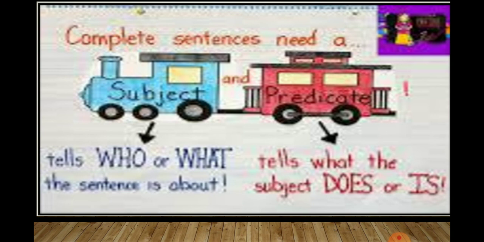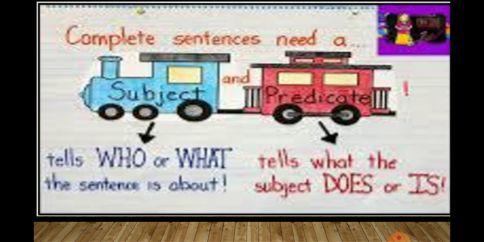So, what did we learn about subject and predicate? Subject and predicate are two parts of a sentence, and the subject always tells us who or what the sentence is about, or who is the doer of the action. The predicate tells what the subject does or is.